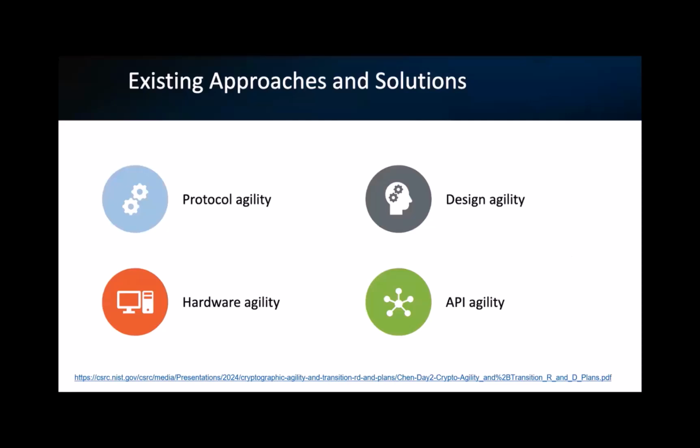So what are the existing approaches and solutions? Whenever we build a protocol, we need to think about how agile the protocol is. If it is too deterministic or too involved, then it will not be agile. So we should simplify and make it agile.